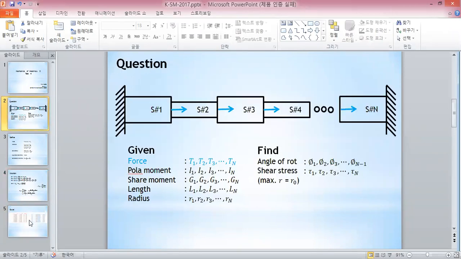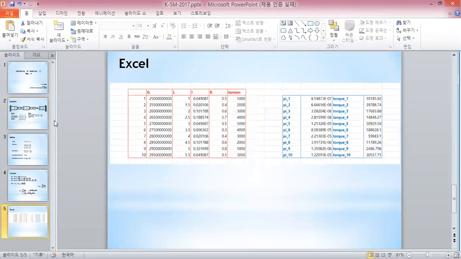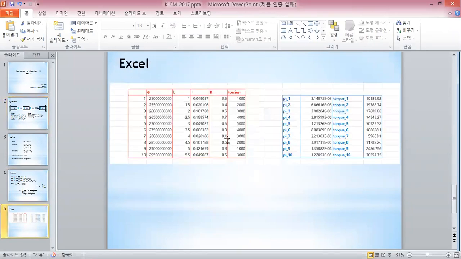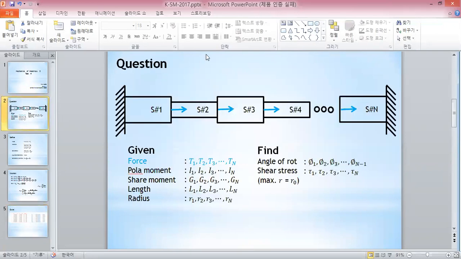Yes, this would be Tn. So all these torques plus the torque T0 that I mentioned earlier, the summation of this should be 0.